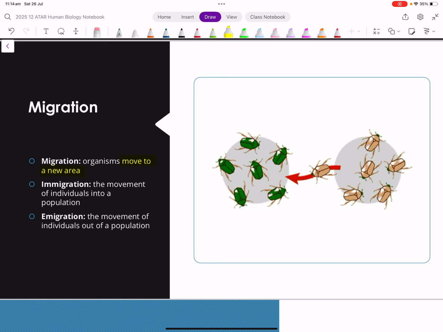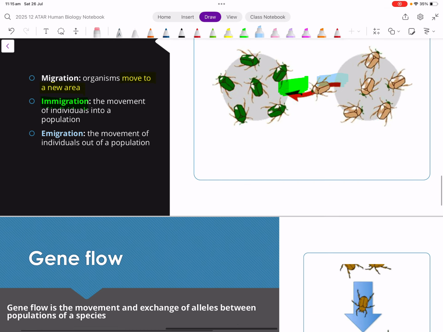So this is effectively what I'll highlight here in green, is this portion where we have an individual moving into a population. And on the other side of things, we can have emigration, which is the movement of individuals out of a population. So in the case of migration, it's impossible to have one without the other. So in order for an individual to immigrate into a new population, they have to emigrate from a previous population.